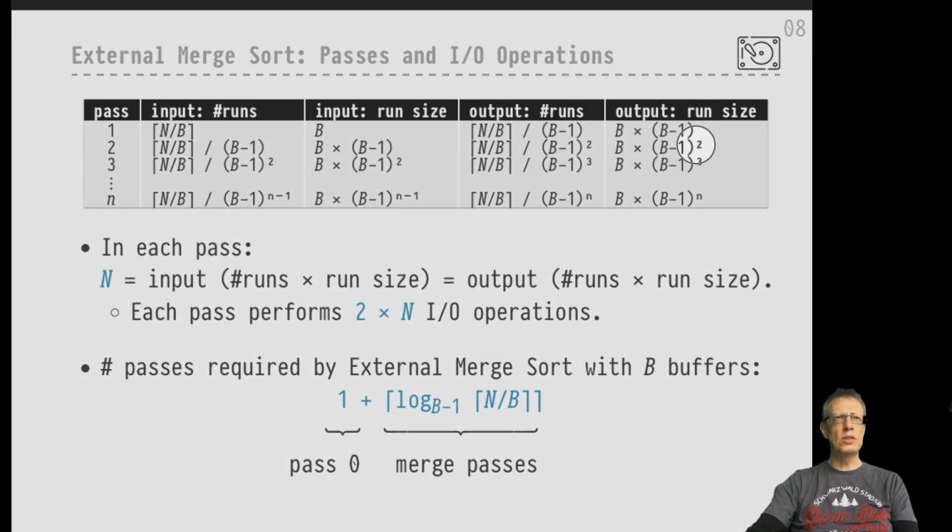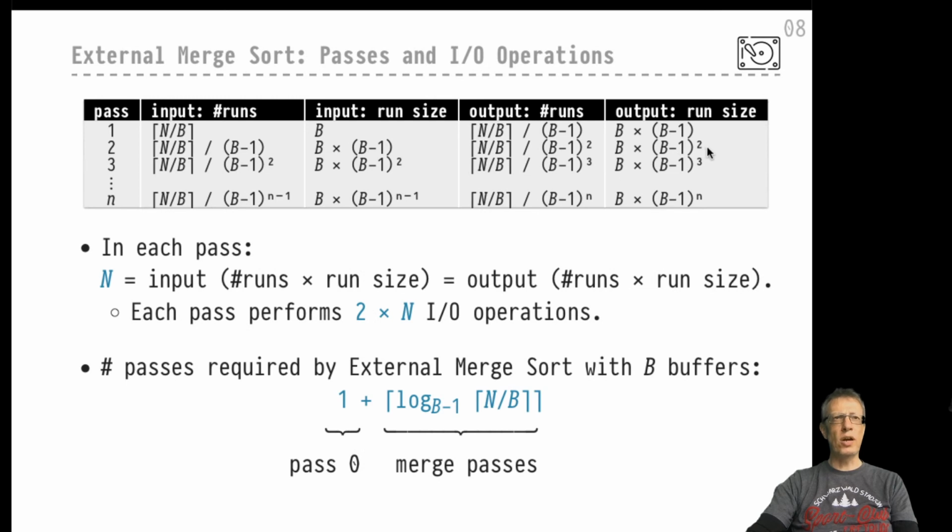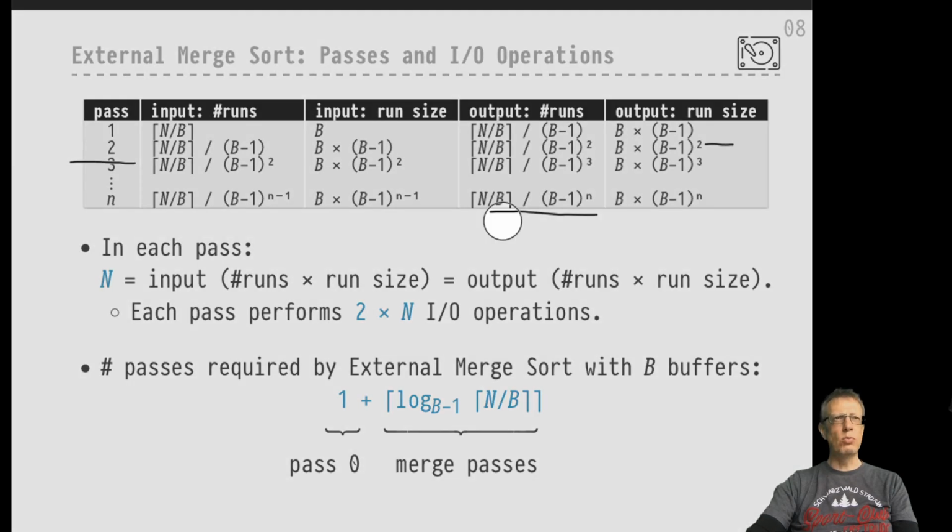That's what you see here in this exponent, in the square exponent. And so it goes on. So what we have written here will be the input to pass 3, and so on, until we have reached pass n, where the number of output runs would indeed be only 1. This marks the end of external merge sorting.